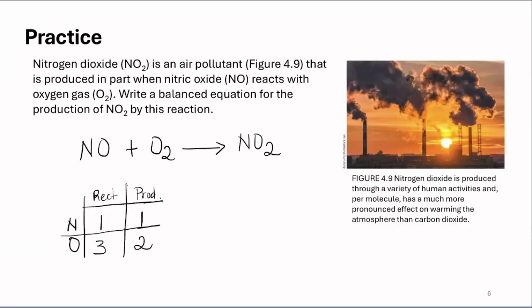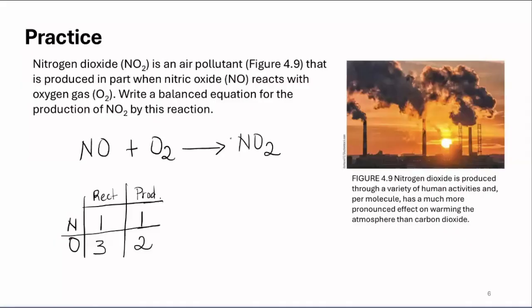So as a strategy, since I know that I need to increase the number of oxygens, I can say, well, let me start by writing a digit in front of the NO2 to increase the number of oxygens because I have less of them in the product.